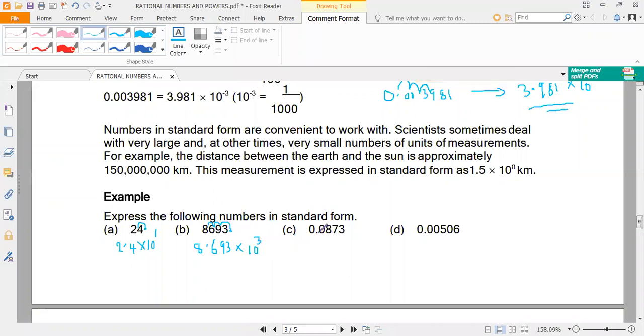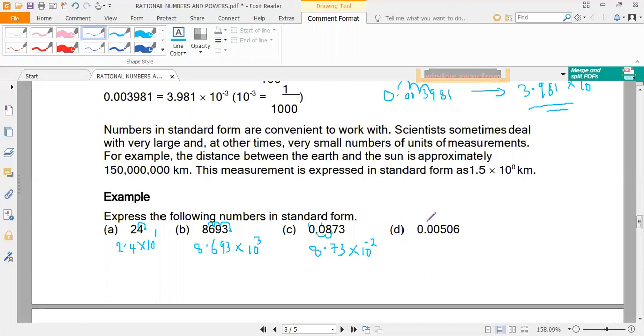In this case, we are going to move the decimal point because this is a 0. So we move until we get a whole number between 1 and 10 inclusive. So 1, 2, the first one is 8, so it stops here. We moved 2 steps in front, meaning that the power will be negative. So this will be 8.73 times 10 to the power negative 2.